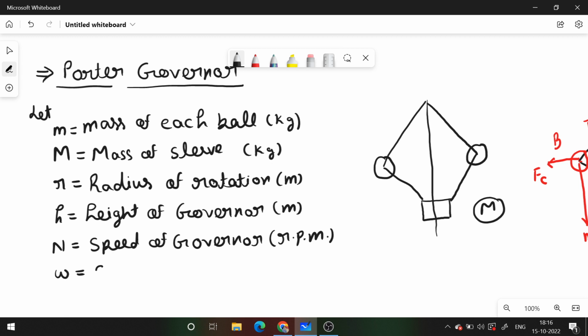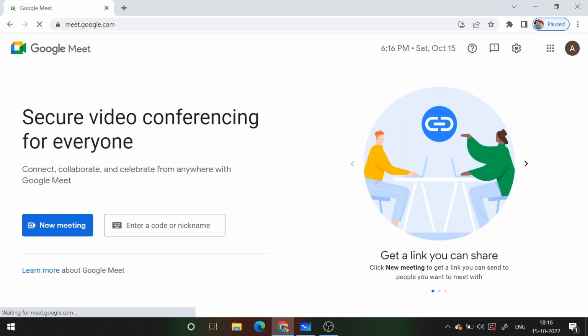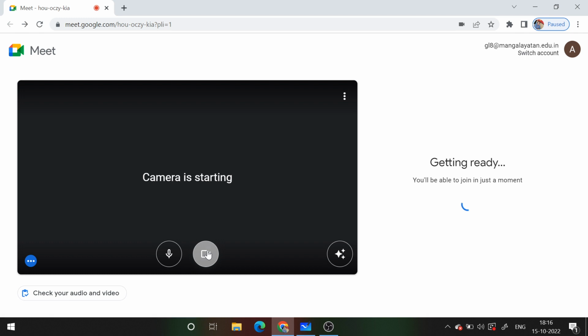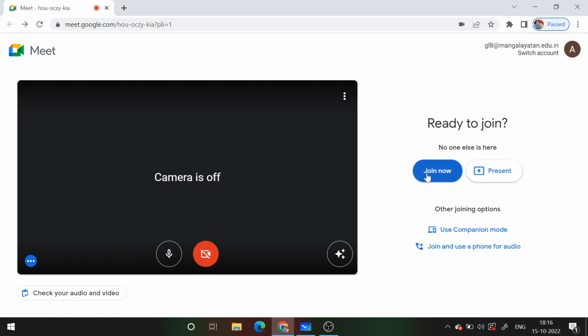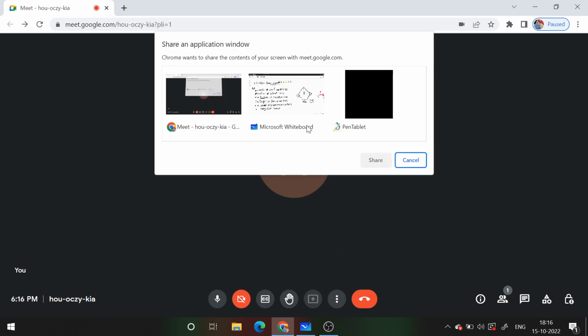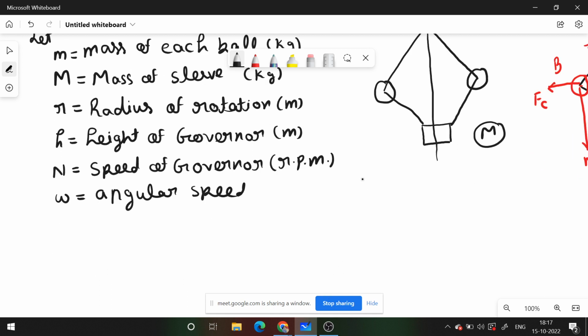Omega is the angular velocity, angular speed of governor.